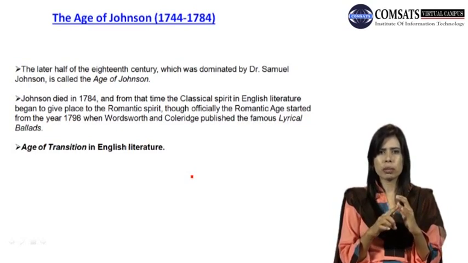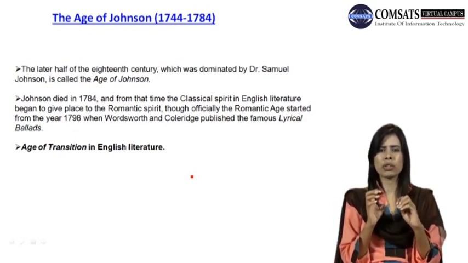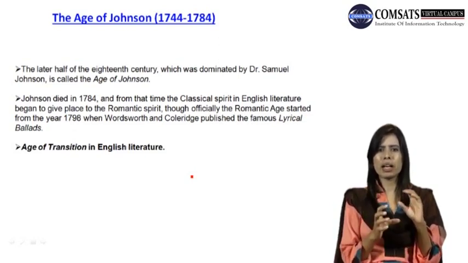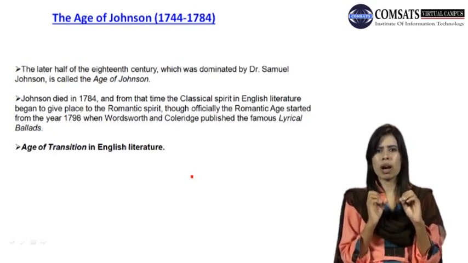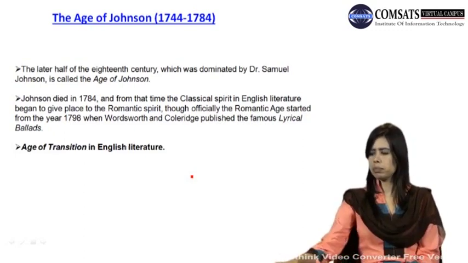Previously we talked about Dryden, then Pope, and now our focus is on Dr. Samuel Johnson. And my dear students, you can see how after the death of Dr. Samuel Johnson, the Romantic movement took over England, and how the Romantic poets introduced their new concepts in English society.